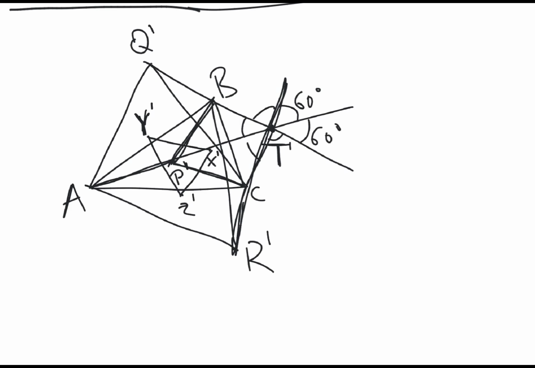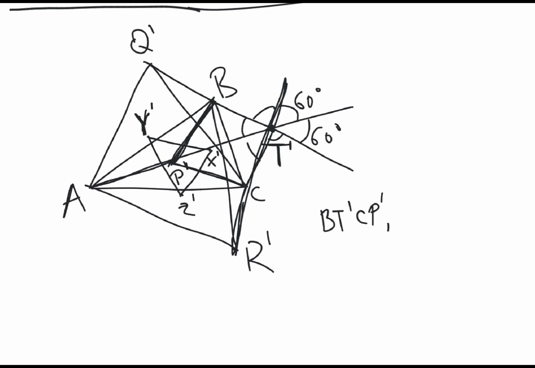And we proved that the quadrilaterals B T prime, C P prime, basically the quadrilaterals consisting of these equilateral triangles plus the point T prime.